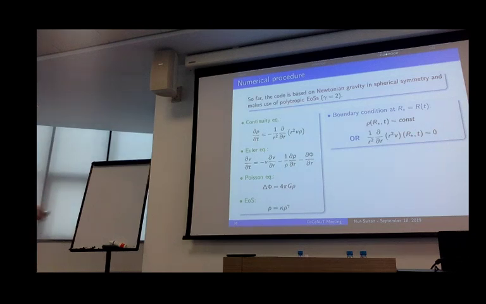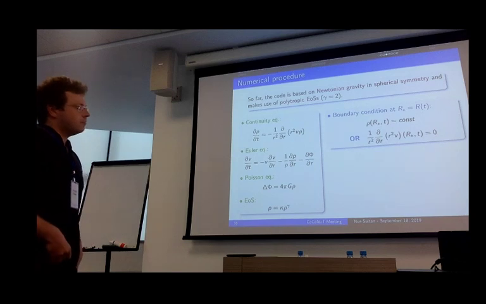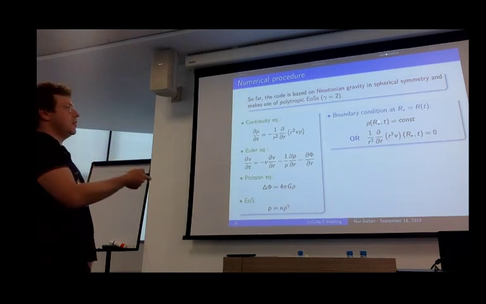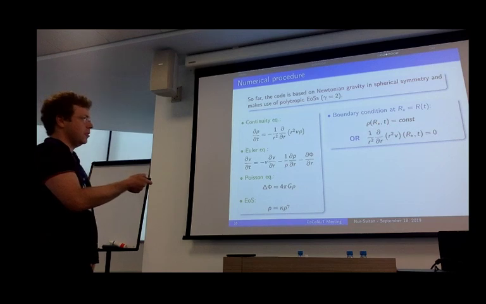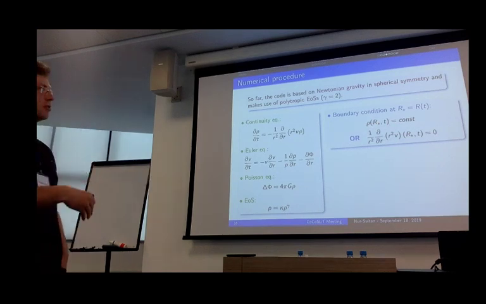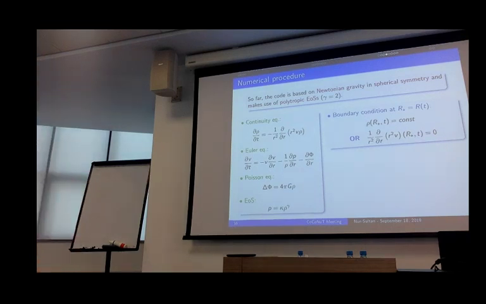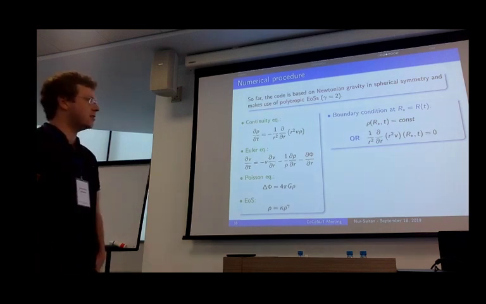We implemented two possible choices, which are mathematically equivalent: either to assume that the density at the surface remains constant, or that the divergence of the velocity field vanishes at any time.